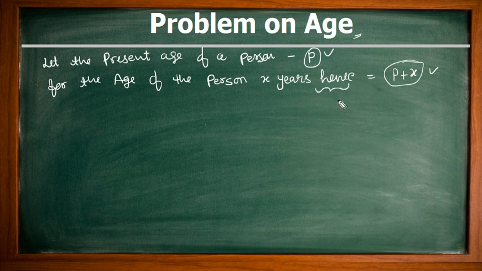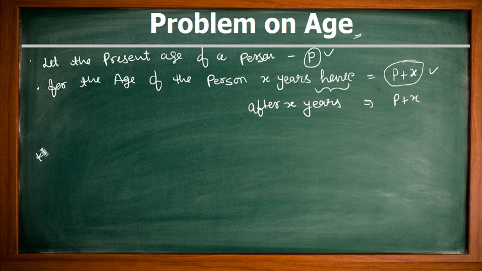In your question you will get these terms very frequently. So write down these two terms here. Suppose a person's age is P, then the age of that person X years hence will be P plus X. We can also say after X years, it will also be P plus X. Both are the same thing.